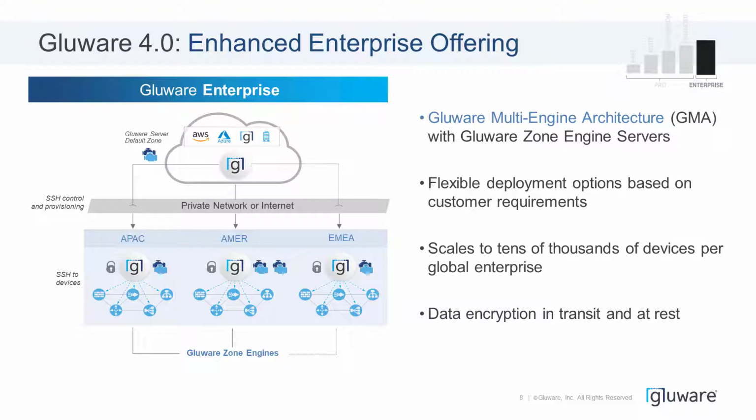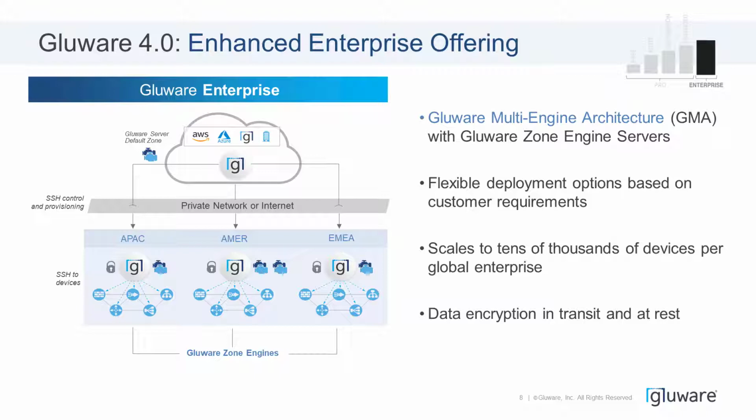And therefore, when Gluware is instructing to run an audit or run a provision to change configuration, the jobs will be distributed down to those local provisioning engines, and the SSH to the devices and all of that job information will be handled there, with only the control information going back over an SSH session to the primary orchestrator.